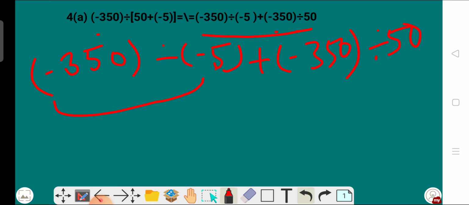Now firstly we have to divide minus 350 by minus 5. When we divide minus 350 by minus 5, the minus cancels with the minus and it becomes 70, because 5 times 7 is 35. So this part is equal to 70 after solution.